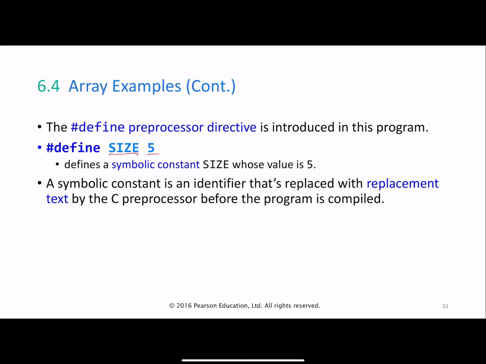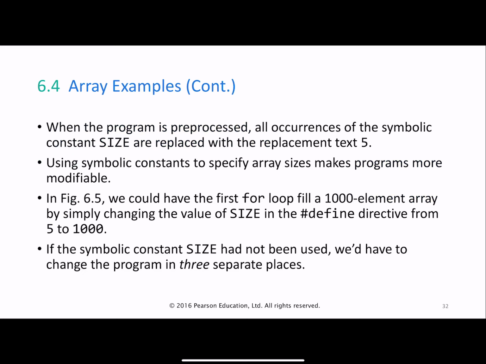Doesn't necessarily have to be a single character, could be an entire string, could be absolutely anything. Could be any text. The goal of doing so is to make programs more easily modifiable without having to make changes all through the CPP file.